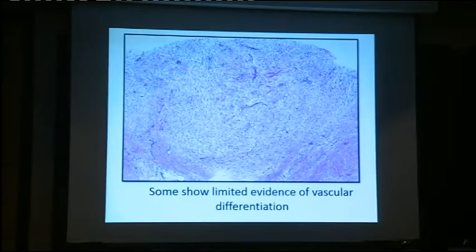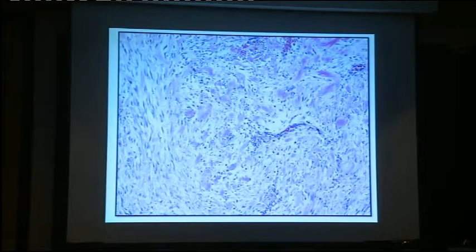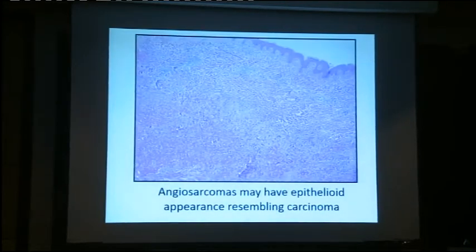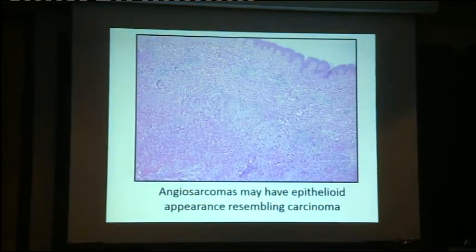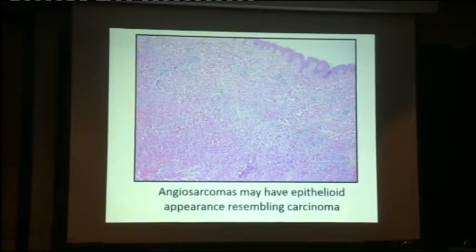Not to confuse with other types of malignancies. In some areas of angiosarcomas, you don't have any vasoformative structures, so you could just say that it is a high-grade sarcoma. Sometimes, just like in our case, there might be some epithelioid appearance resembling carcinoma.